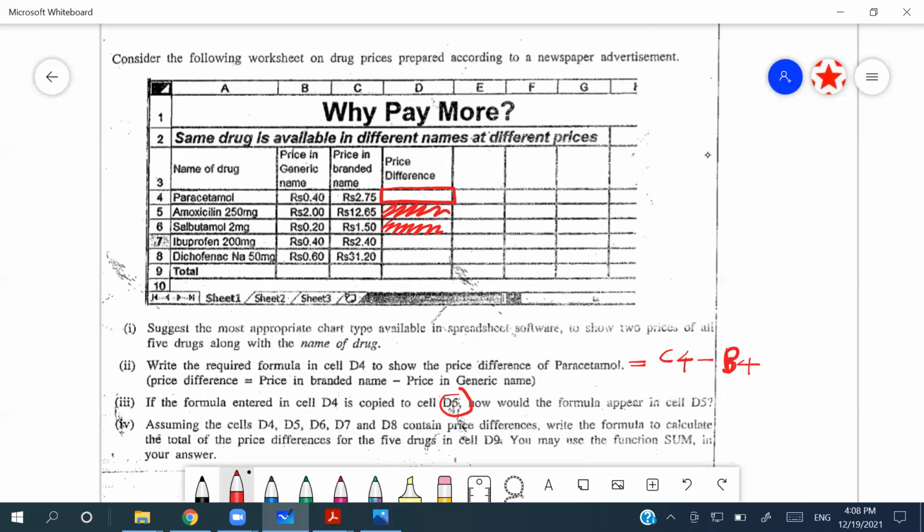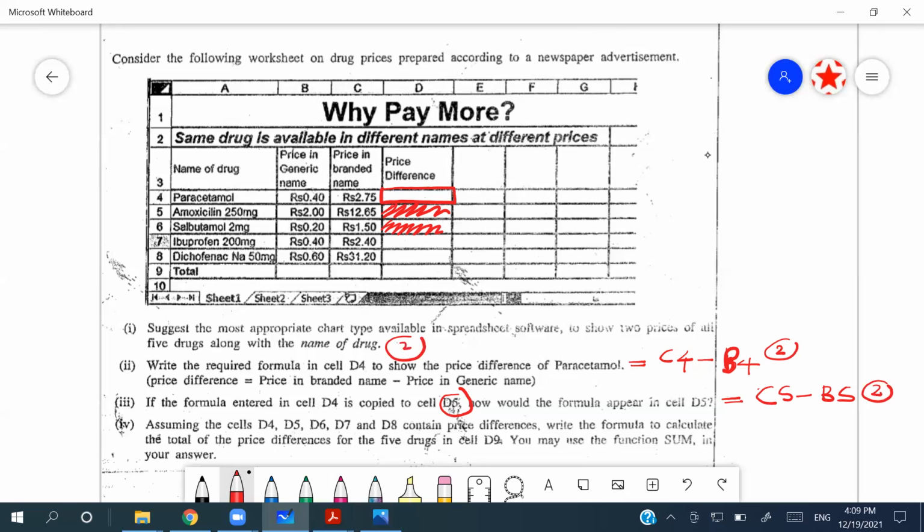So if it is copied to D5, it's going to be equals C5 minus B5. So that's going to be the answer. Here you got 2 marks, here you got 2 marks, and here you got 2 marks.